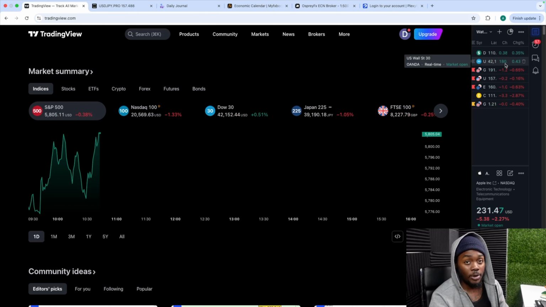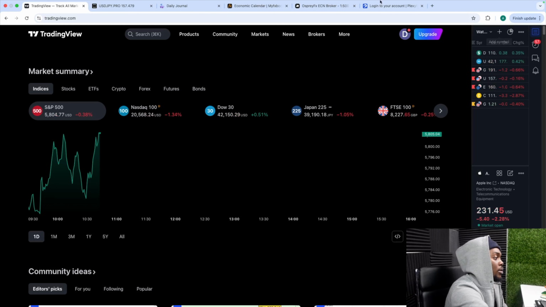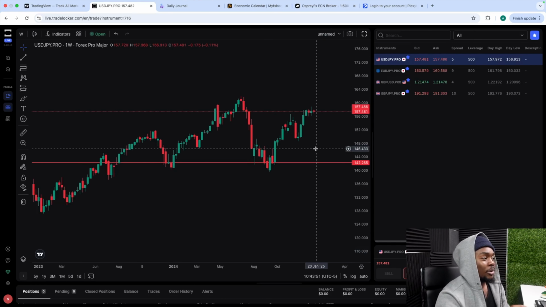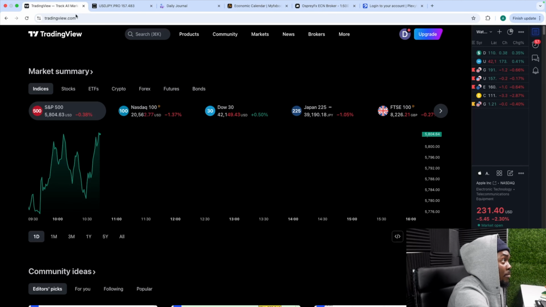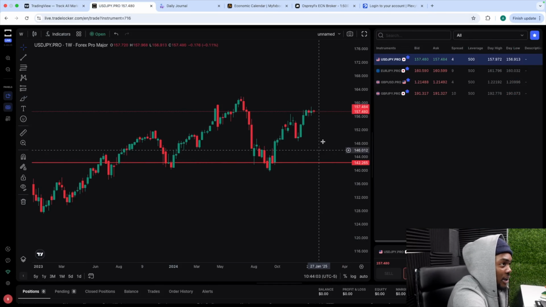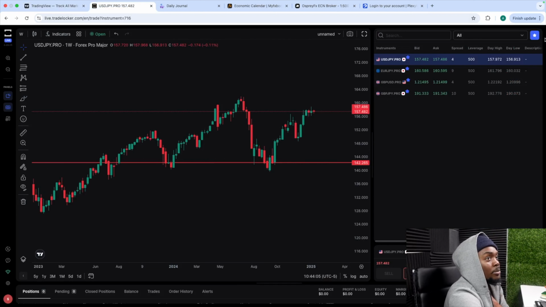Now, the next platform I'm going to show you is TradeLocker, which is another platform that I use. And this platform I use strictly just to enter my trades. So I am bouncing from TradingView to TradeLocker to enter my trades. Now this is just me and my preference, right?